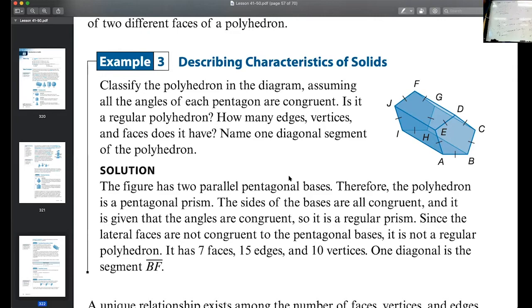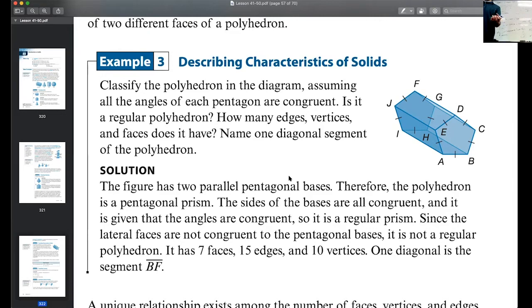Oh, that makes sense. So the sides are not congruent. So a regular polyhedron is a little different. You can still say it's a regular pentagonal prism, but you can't say it's a regular polyhedron. You've probably seen that like a dice, if you roll dice, that's a regular polyhedron because all the edges are the same length.